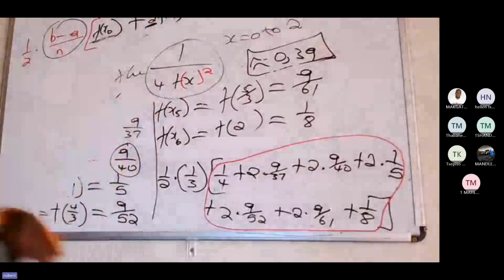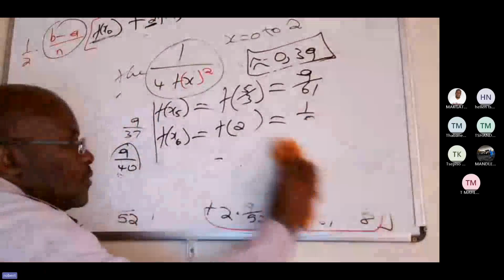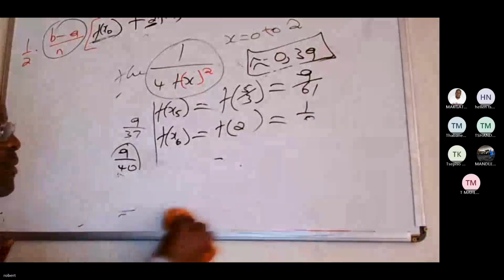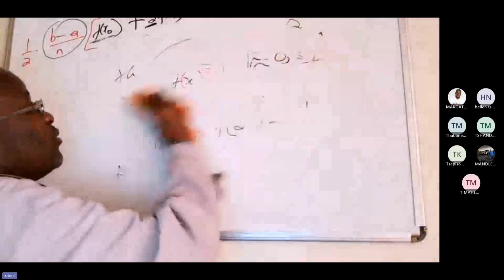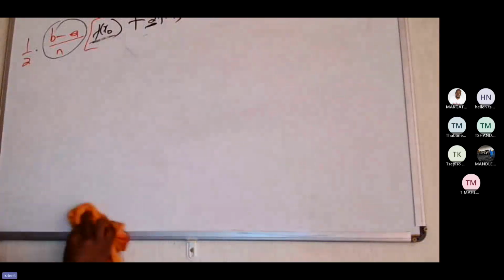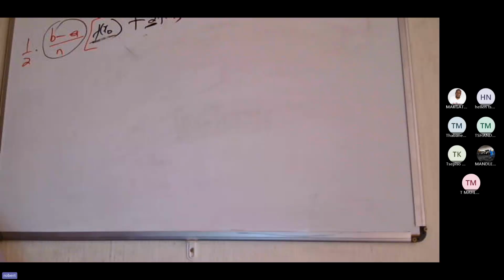From here, it will just be about practice. And these rules, I guess, are in your formula sheet. So if they say use this rule, then you must use it.